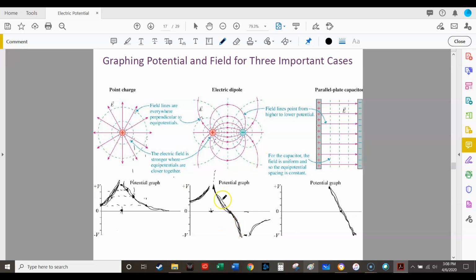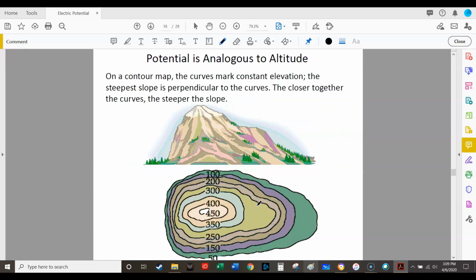You raise a proton up in here, and it's going to fall down. That positive proton right here, you put a positive proton here, it'll be pushed to the right towards the electron. Okay? So this is what a topological map looks like. And then we have a mountain right here.